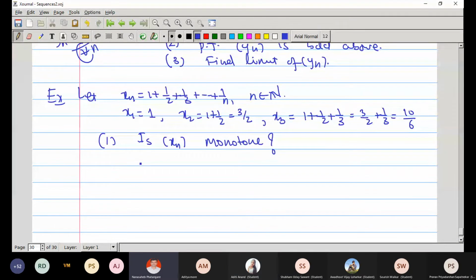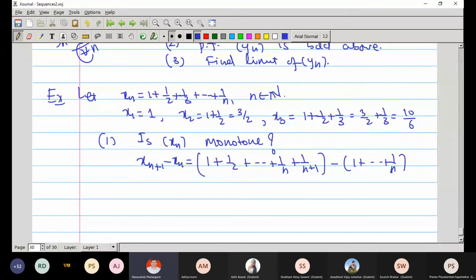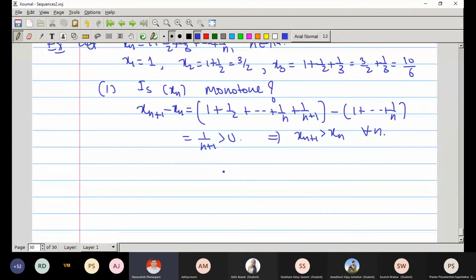Yes, because if you look at the difference xn plus 1 minus xn, 1 plus 1 by 2 plus up to 1 by n plus 1 by n plus 1, this is xn plus 1, minus 1 plus up to 1 by n, this is xn. So up to 1 by n all are common, so they get cancelled, and what remains is 1 by n plus 1, which is a positive quantity. Therefore xn plus 1 is greater than xn. This is true for all n. Right, it is clear. Here we don't need induction, we directly get it. Therefore xn is monotonic.